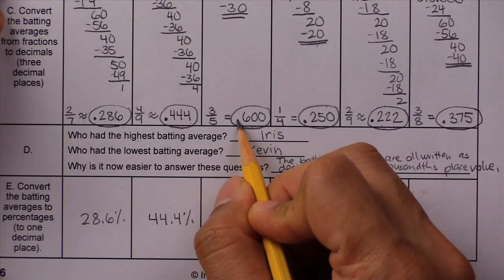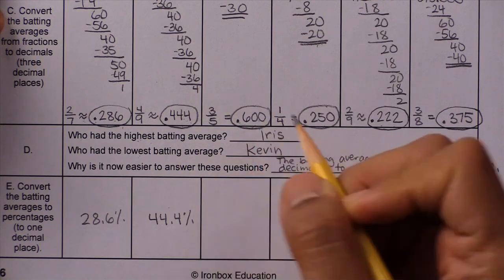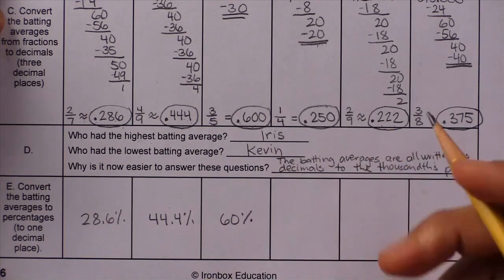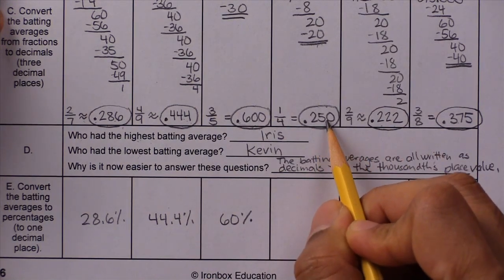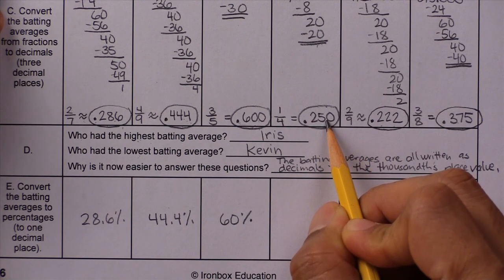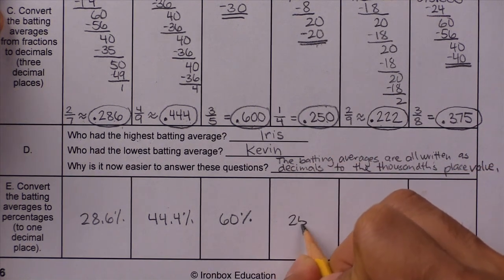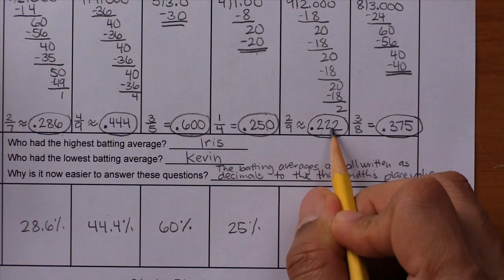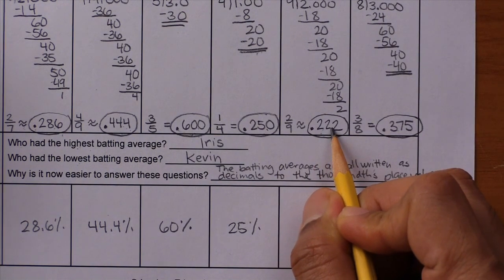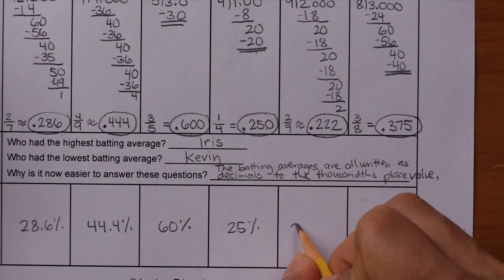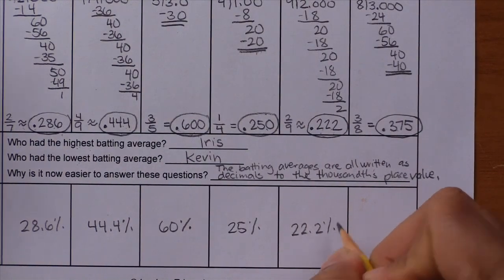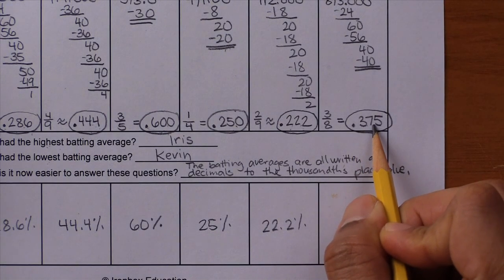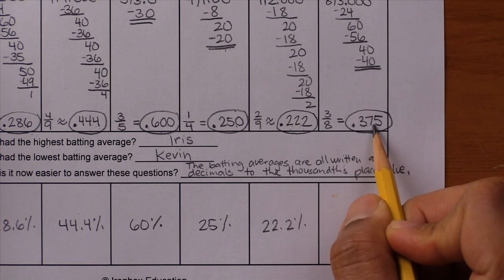Here, move the decimal point 2 places to the right, and we'll end up with 60%. Next, 2 places to the right, and we have 25%. Two places to the right gives us 22.2%. And finally, move the decimal 2 places to the right, and we have 37.5%.